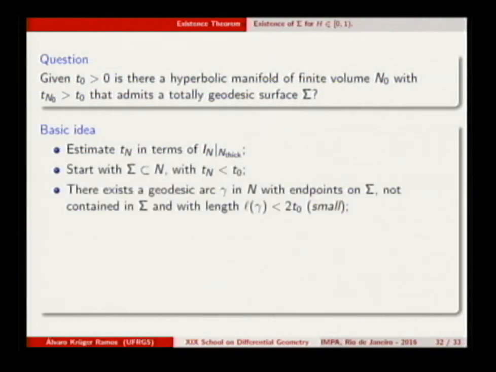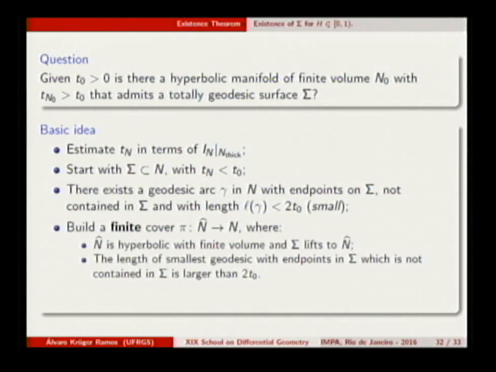On the thick part, you start with any totally geodesic surface in N, as I told you before, and we assume that t sub N is less than t naught, so if it was bigger or equal, we were good to go. If this happens, there exists a small geodesic arc with endpoints in sigma. Small, not actually small, but in some sense with controlled length.